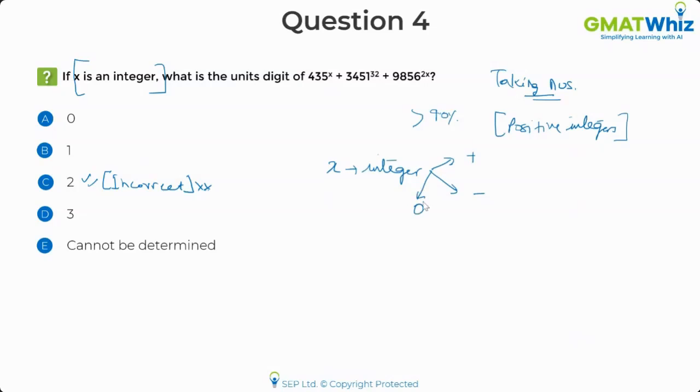All possibilities exist. Please do not think that if x is an integer, then it will only be a positive integer. Is this part clear?